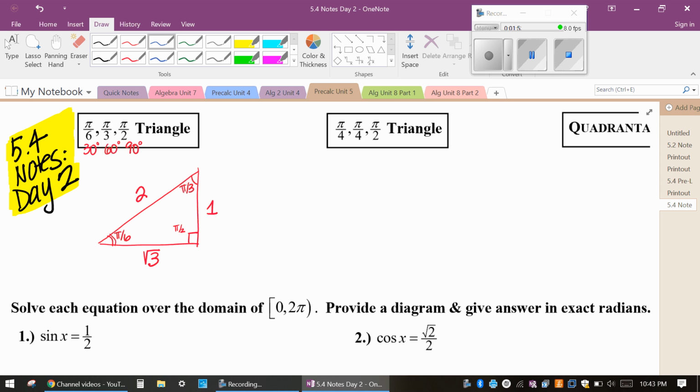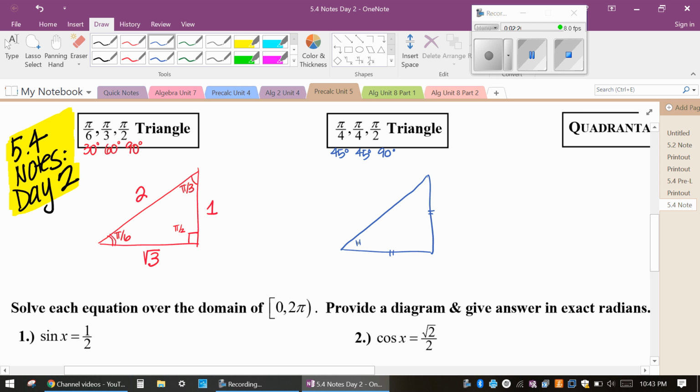Do you remember what angle in degrees corresponds to the radian pi over 4? For the pi over 4, pi over 4, and pi over 2 triangle? That's your 45, 45, 90 degree triangle. So if we were to draw that, this one's going to look a little more like an isosceles triangle.